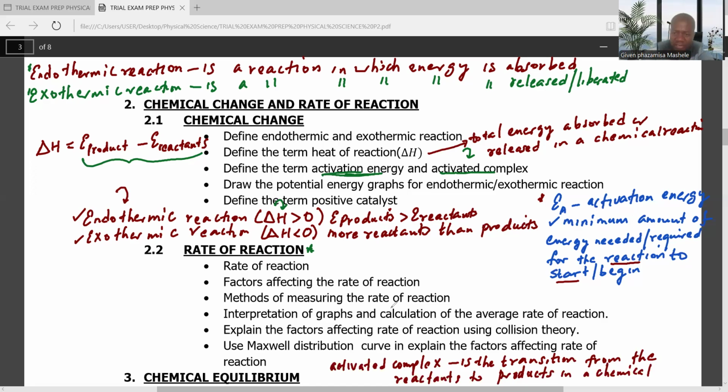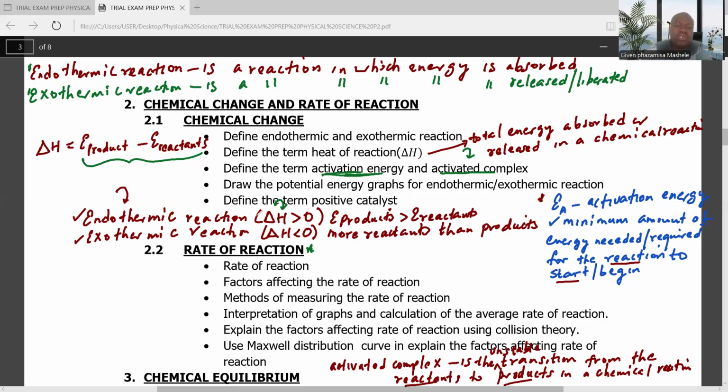Why are we saying it is unstable? Because it can change at any time. So this is called an activated complex. A learner should be able to define this, ladies and gentlemen, understand, not just memorize, and it will be easier to answer the questions in the exam.